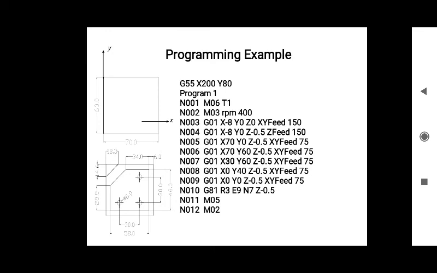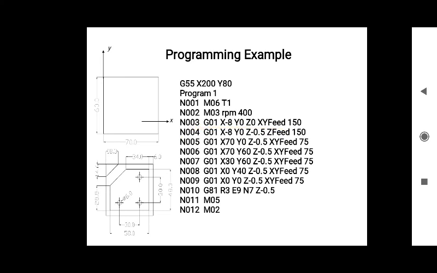Then we have given the instruction that the spindle should rotate in clockwise direction with 400 rpm. Okay, and after that we moved the tool to the safe position. Then we give the depth of cut in the next block, that is the fourth block.